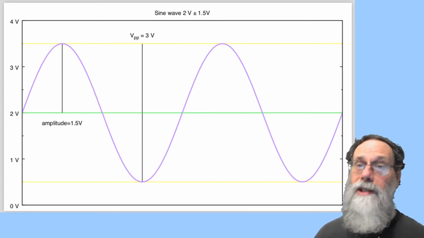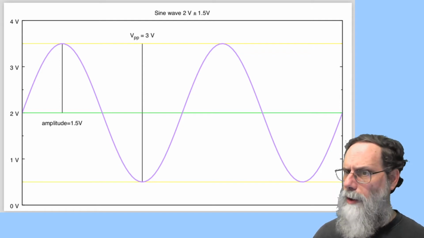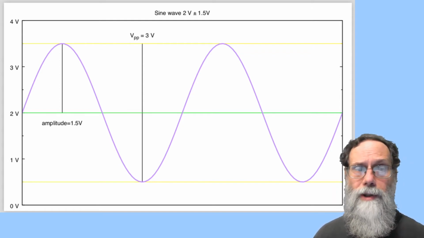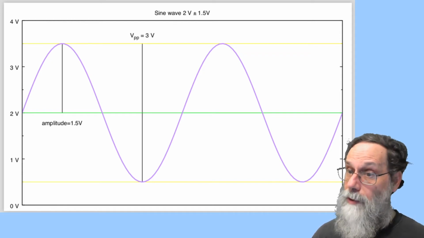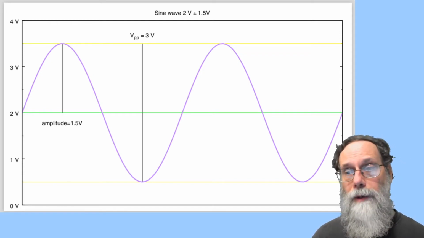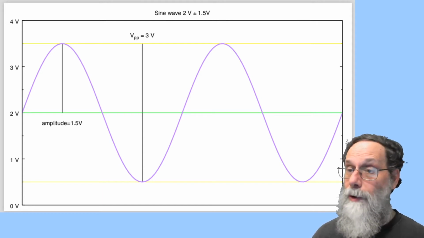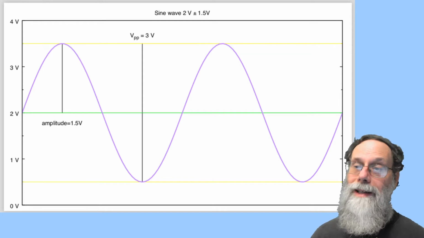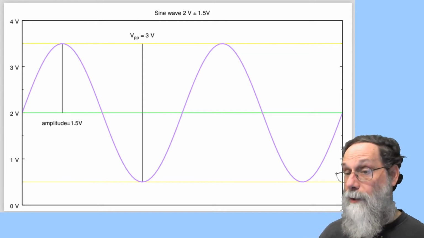Be very careful when somebody says, hey, I've got a 3-volt signal here. What do they mean? Do they mean the amplitude is 3 volts? Do they mean the peak-to-peak voltage is 3 volts? Or do they mean that the RMS voltage is 3 volts? Because the RMS voltage is neither the amplitude nor the peak-to-peak voltage. It's something that you can only measure by essentially doing that integral.